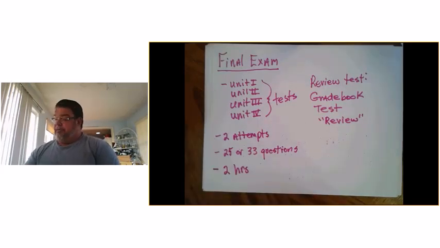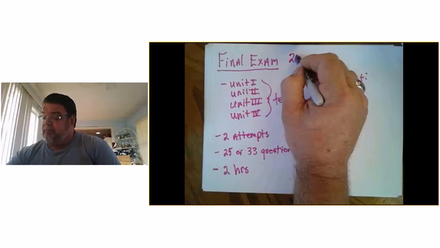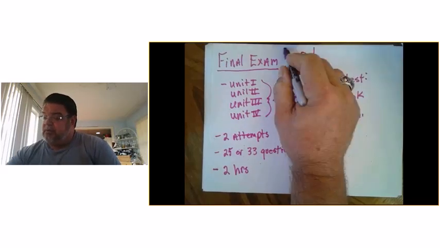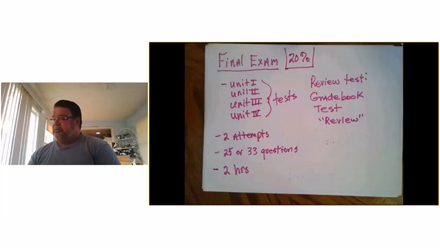Now remember, the final exam is 20% of your grade. Mathematically, we have 5 tests, so all of your tests are 20%. And your homework is 20%, and your final exam is 20%, and the rest is 60%. So that's what it comes out to be.